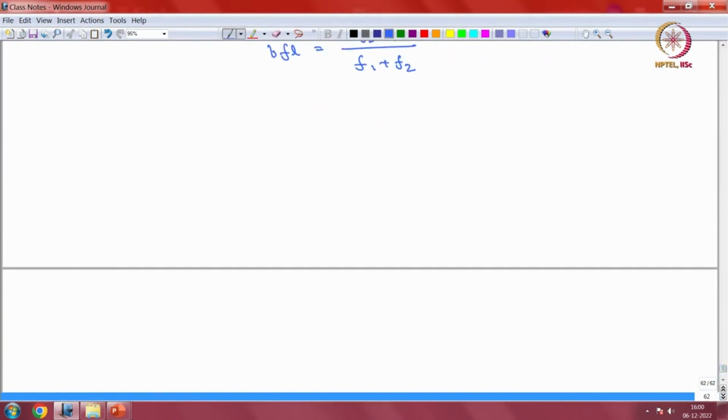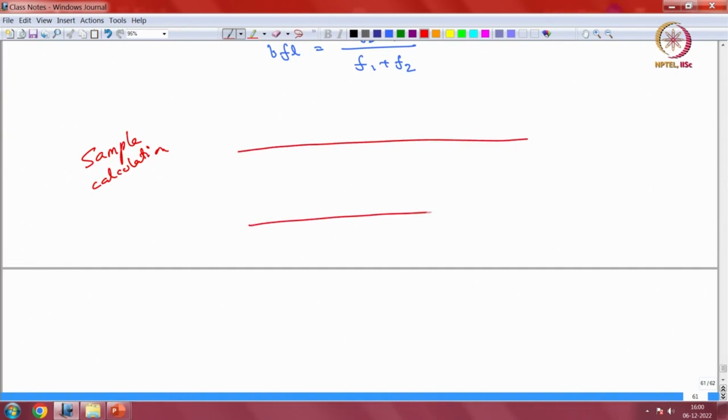So, armed with this, the best way to understand light sheet optics is through a sample calculation. So, let us say you have, I am going to draw first the side view of this and then the top view. Let us say we have a spherical lens coupled with a cylindrical lens.